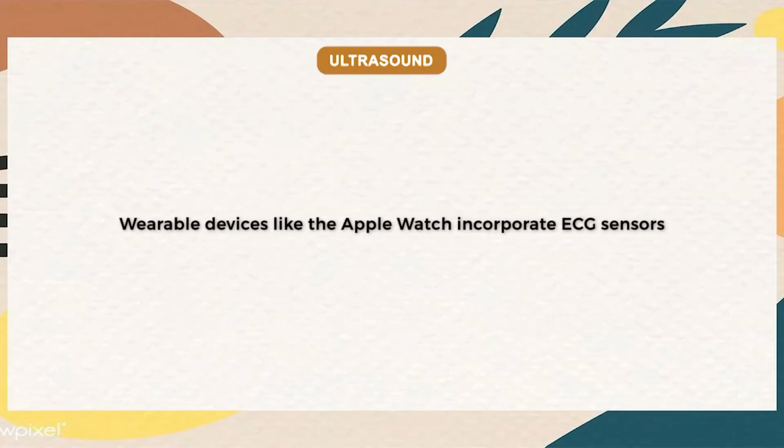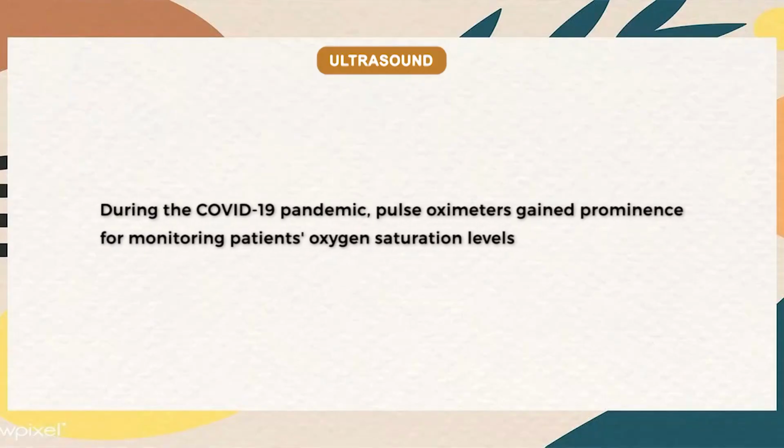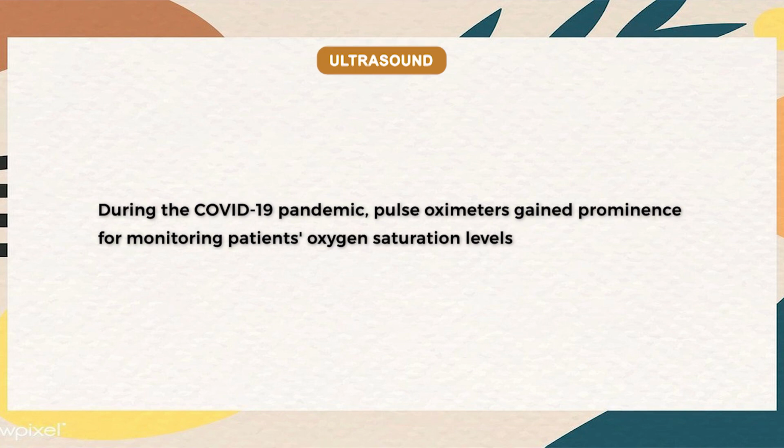Wearable ECG monitors. Wearable devices like the Apple Watch incorporate ECG sensors. Pulse oximeter in COVID-19 monitoring. During the COVID-19 pandemic, pulse oximeters gained prominence for monitoring patients' oxygen saturation levels.